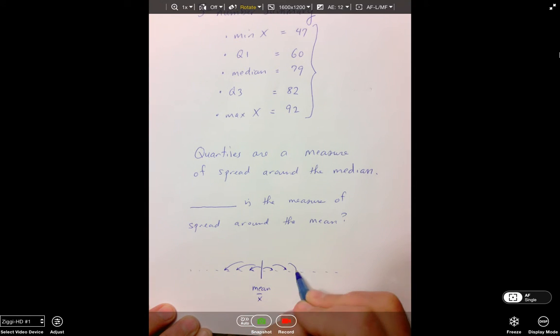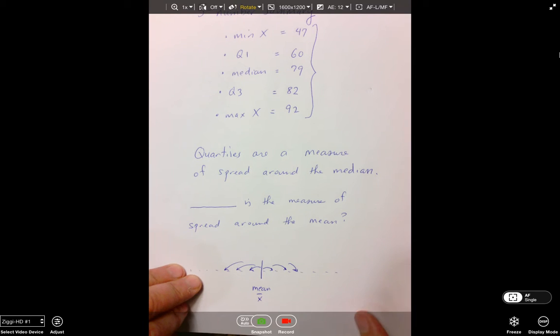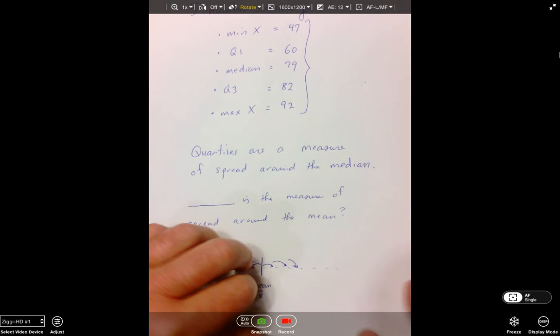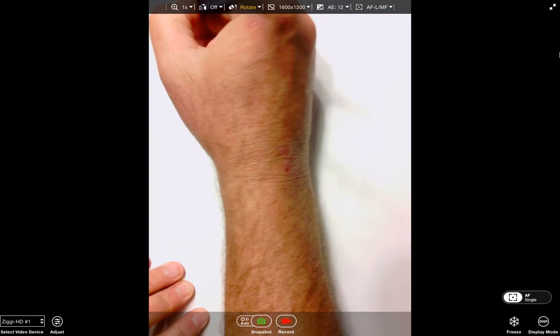So we're going to look at all these distances from the mean, and we're going to add them all up. In this case, we would divide by 7, and we're going to get an average distance from the mean. Now, history shows this is what they actually did. They created a table of values.